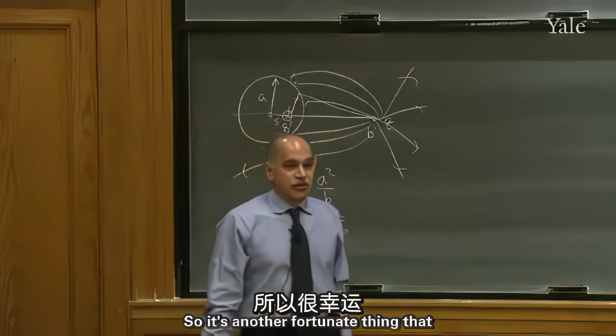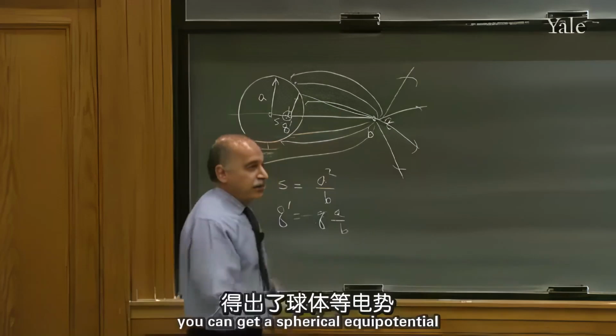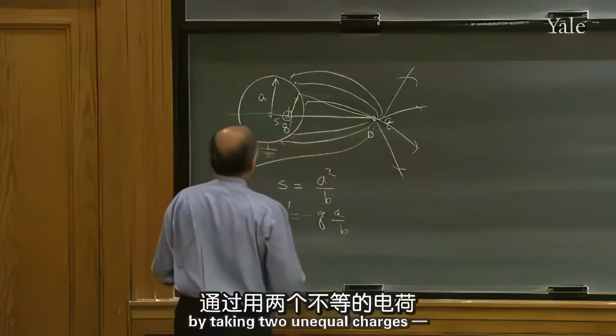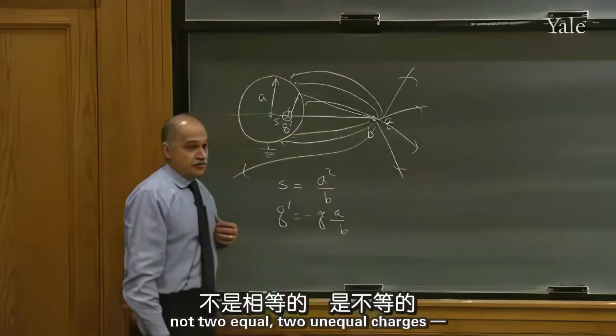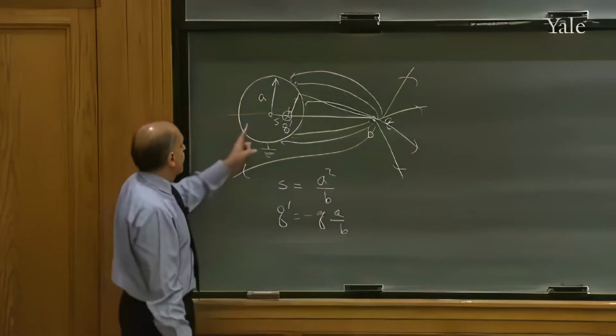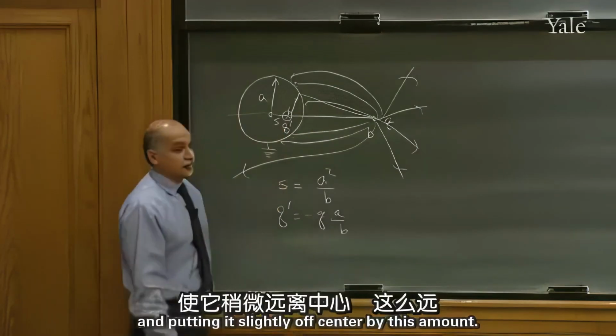So it's another fortunate thing that you can get a spherical equipotential by taking two unequal charges, not two equal, two unequal charges, and putting it slightly off center by this amount.